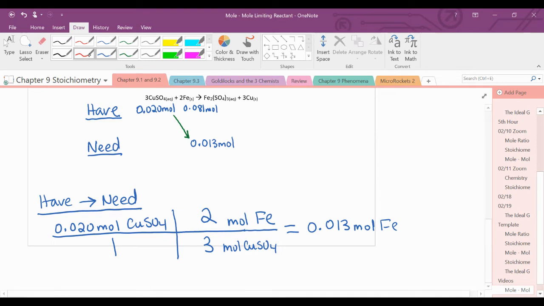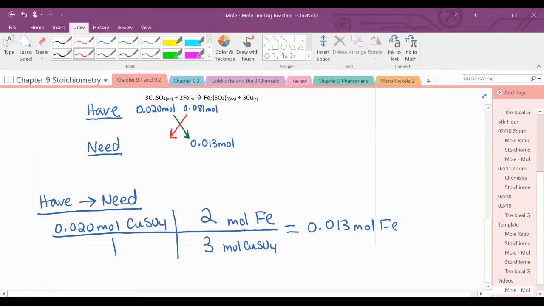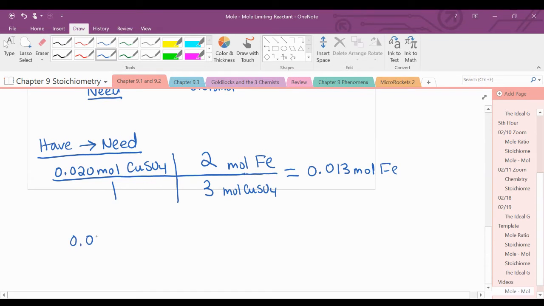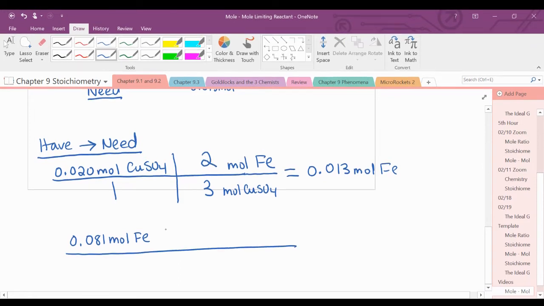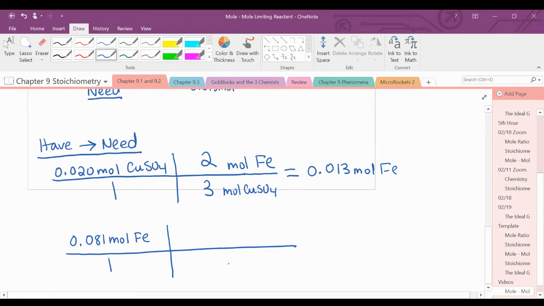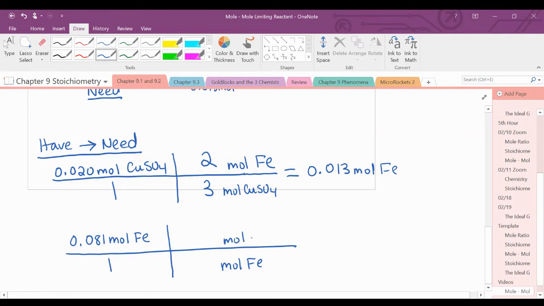And then I would do the same thing over here. If I have this much iron, how much copper(II) sulfate do I need? And again, it's a mole-to-mole ratio. So I would write down what I have, convert from moles of iron to moles of copper(II) sulfate.